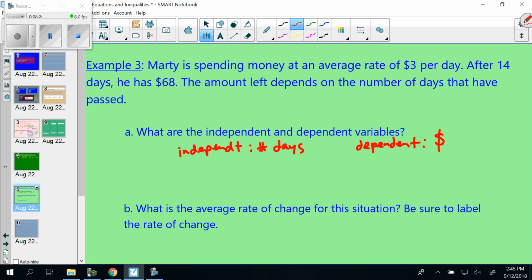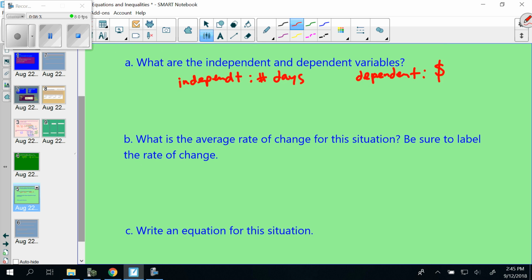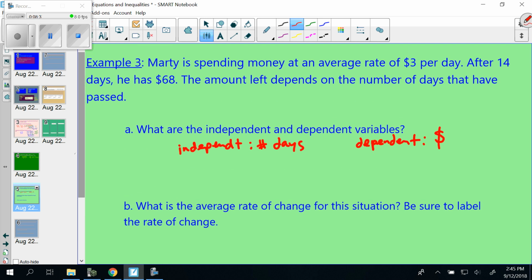Okay, so for part B, let's see if we can figure out what the average rate of change is for this situation. Well, the last couple of problems we've had to use a table or some information from the problem to get that. I think here they actually tell us right in the problem, an average rate of $3 per day. Now we do have to look at some of the words on this one.